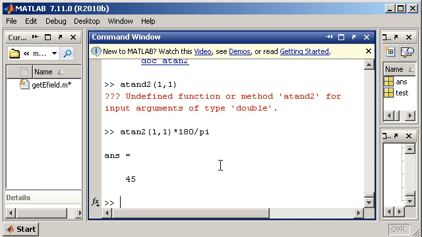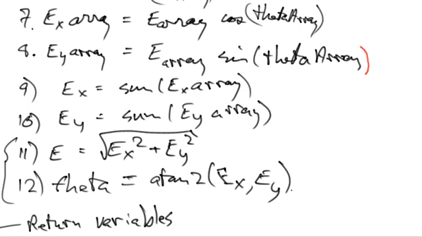Now, maybe I should just use this as a little scratch pad. If I'm over there, I should get 45 degrees. If I'm over here, I should get 90 plus 45, so that would be 135 degrees.